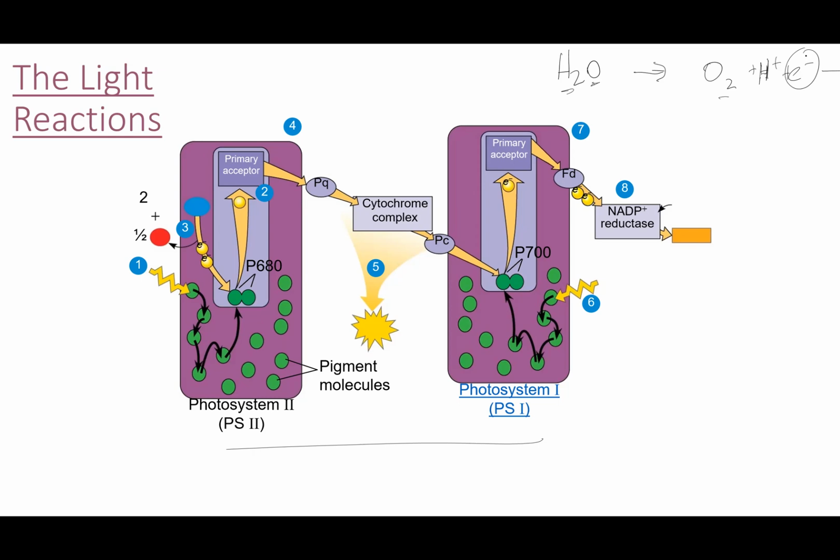So again, we're talking about these photosystems. These are the two different photosystems. We have photosystem 2 and photosystem 1. They're very similar in structure. You'll notice the difference here is in the pair of chlorophyll molecules. So in photosystem 2, we have chlorophyll molecules that are called P680 molecules. What do you think that 680 is representing?